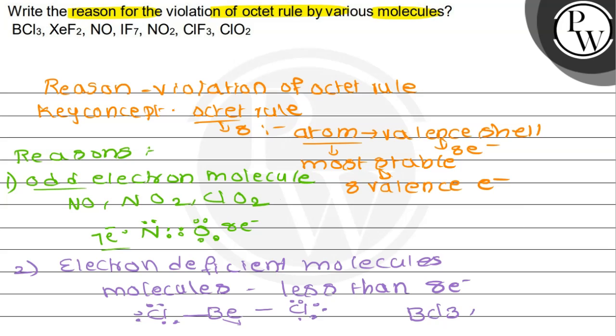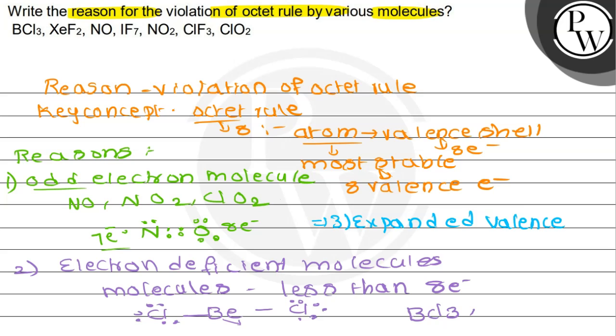Then coming to the third violation, that is more electrons, expanded valency shell. The third violation is expanded valency shell molecules.